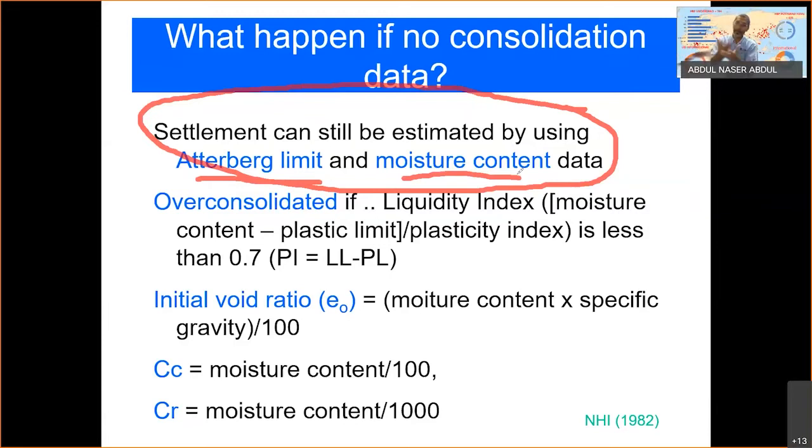You take a sample, put it in the oven, take it out, you know what the moisture content is. For Atterberg limit, you just spend 10 minutes in the lab, you roll some soil, you get the liquid limit and plastic limit, right? So that is a simpler test. Then consolidation test will take at least 1 week for you to complete, a longer time.